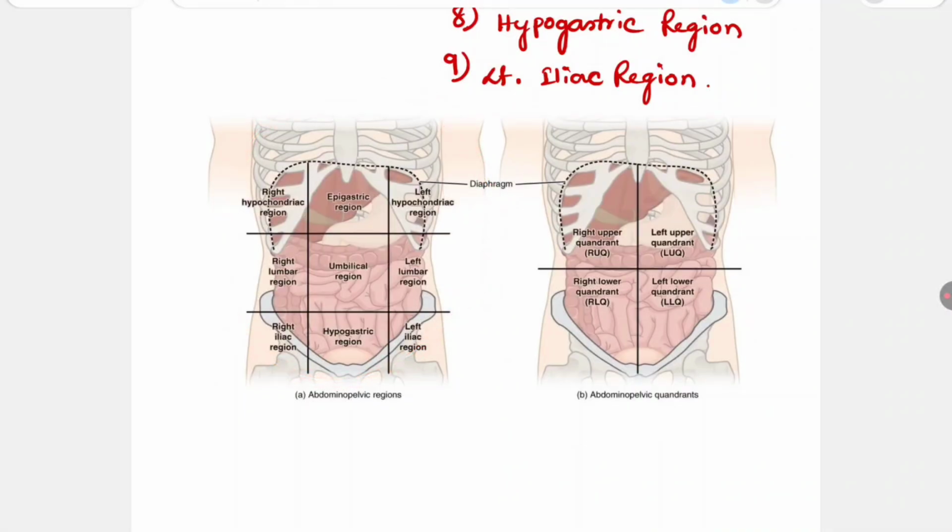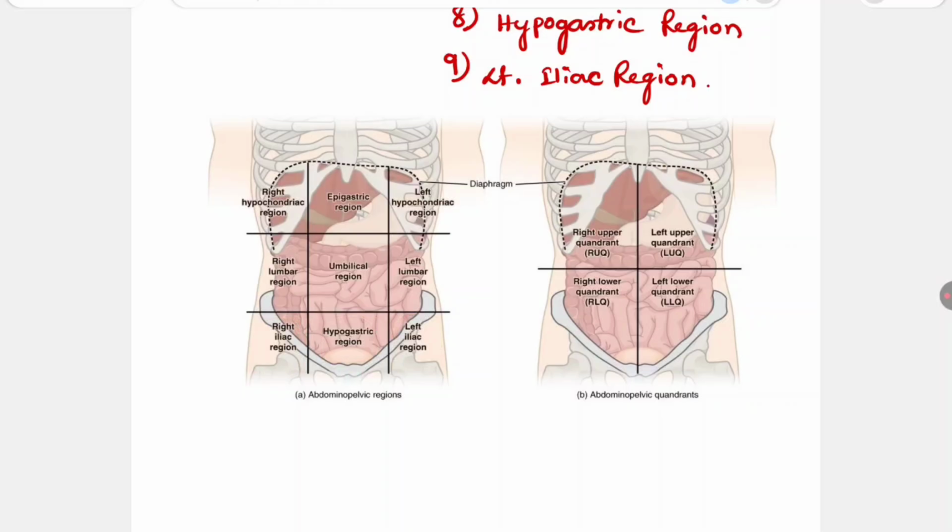Here you can see number 1, 2, 3, 4, 5, 6, 7, 8 and 9: right hypochondriac region, epigastric region, left hypochondriac region, right lumbar region, umbilical region, left lumbar region, right iliac region, hypogastric region and left iliac region. So like that we also divided here.